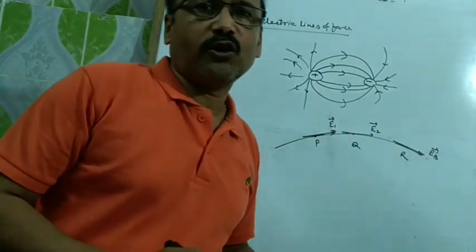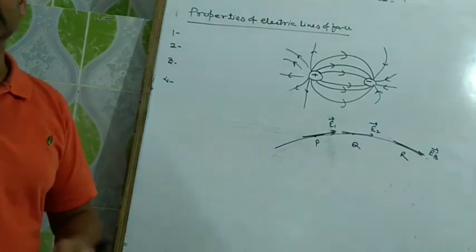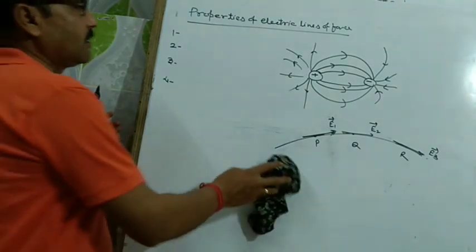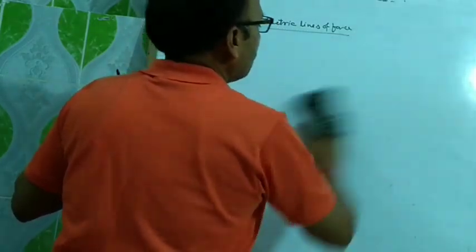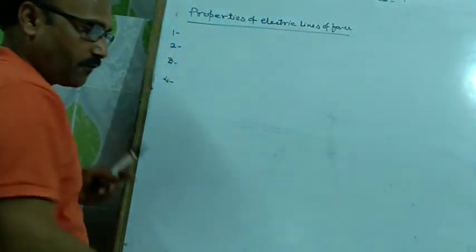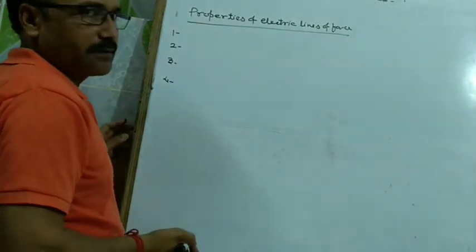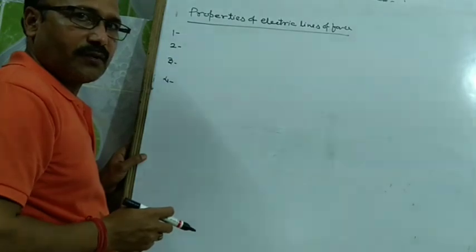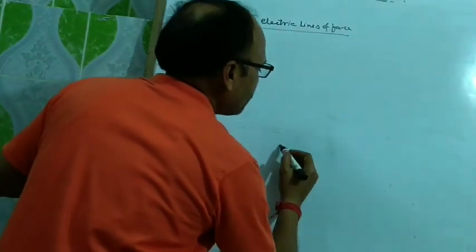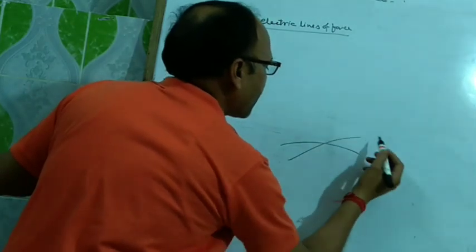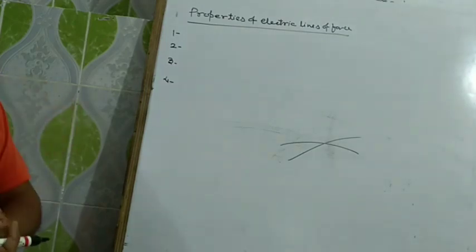Now next property, fourth property: two or more electric lines of force never intersect each other. What is the cause of this? Suppose two or more electric lines of force intersect at any point.